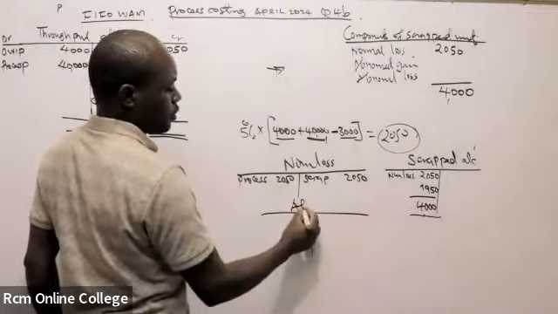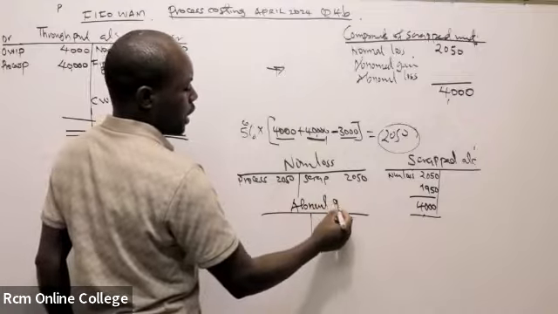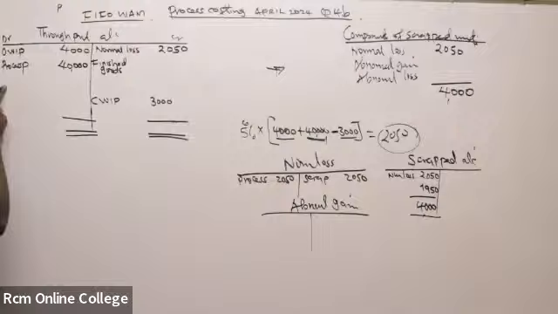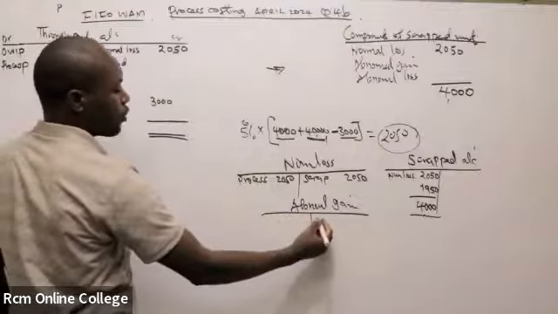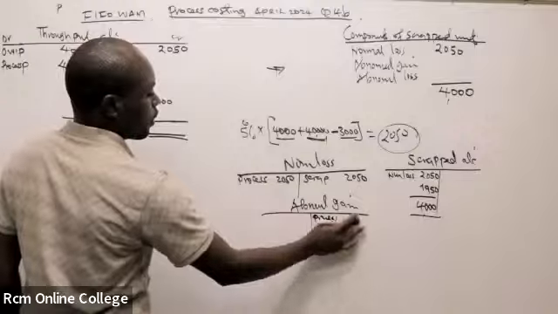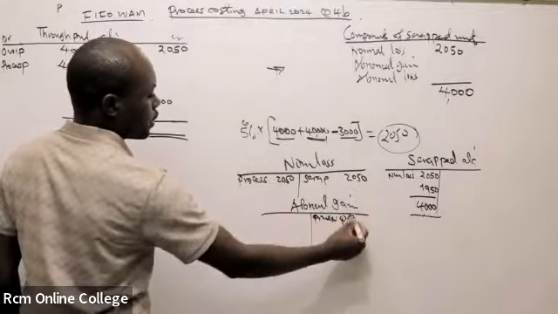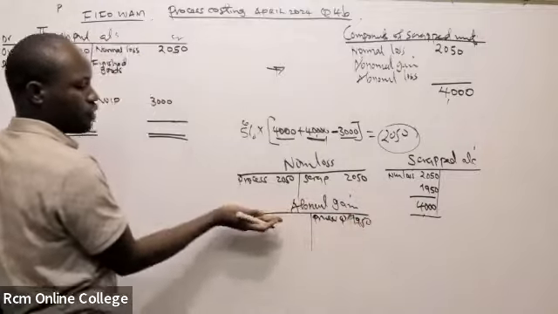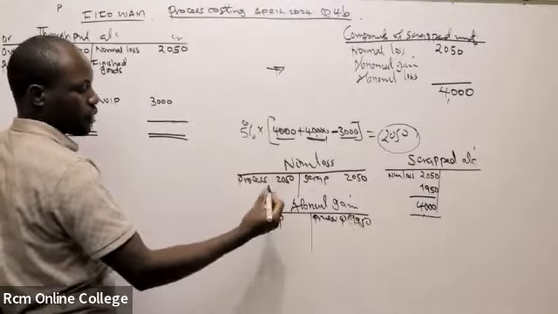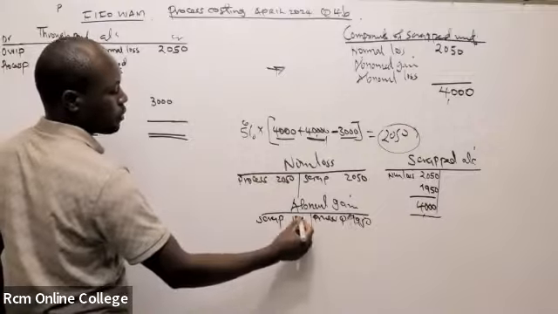So abnormal gain. If it was abnormal gain, it would be recorded on the debit side of the process account. So when I go to abnormal gain, I now record it here. So say maybe process Q, if let's assume it was this 1950, I'll be taking the 1950 to the scrap account.